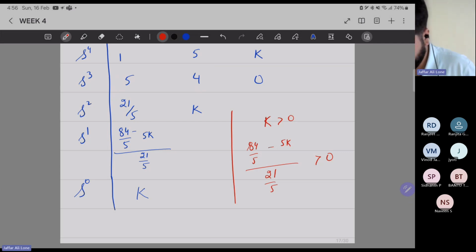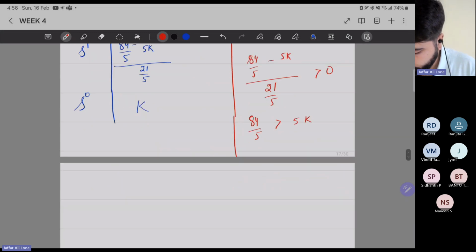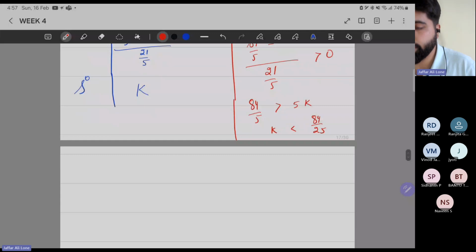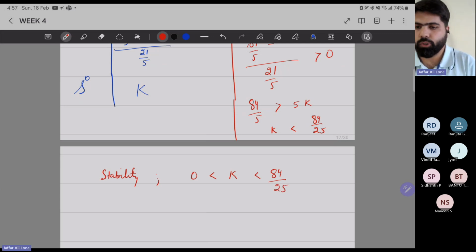This gives me 84/5 greater than 5K, so K is less than 84/25. So my condition for stability is 0 less than K less than 84/25. Correct?